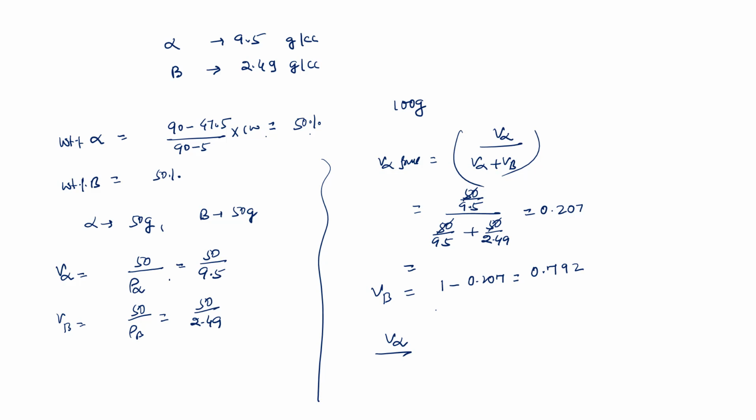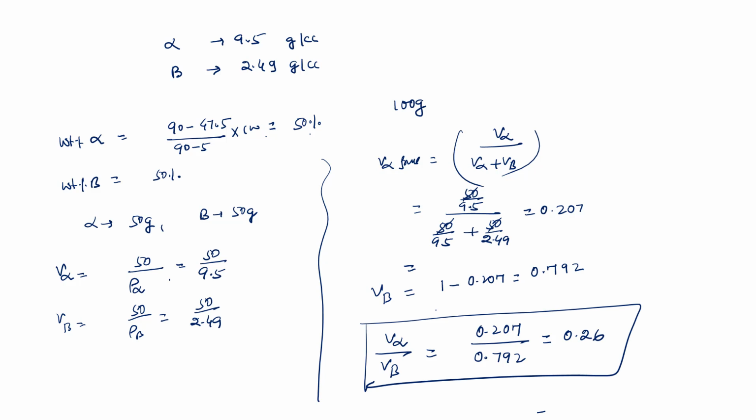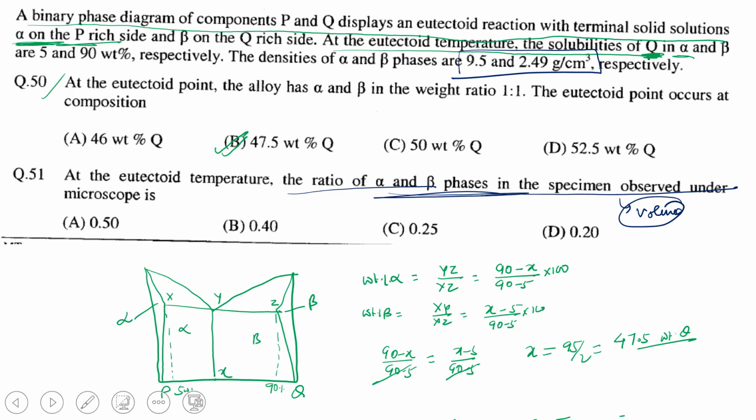So the volume fraction of alpha divided by the volume fraction of beta will be 0.207 divided by 0.792, which is 0.261. Okay, this will be the answer. So 0.26 is close to 0.25.